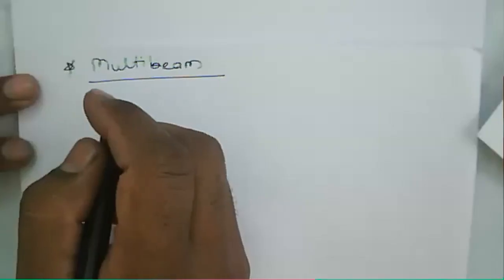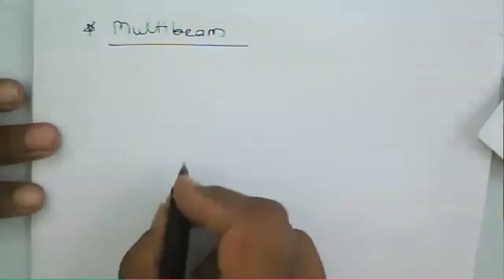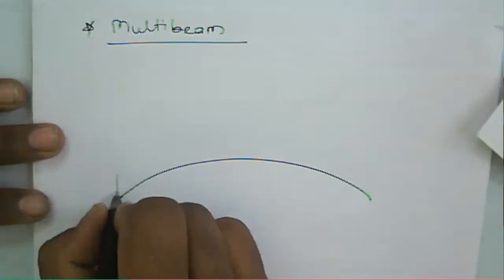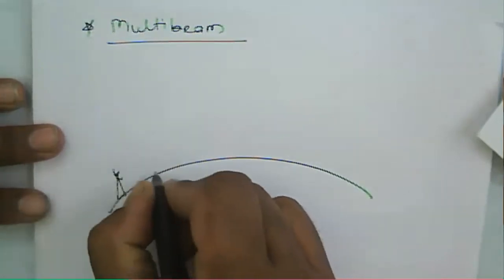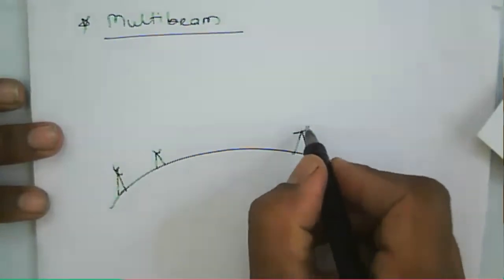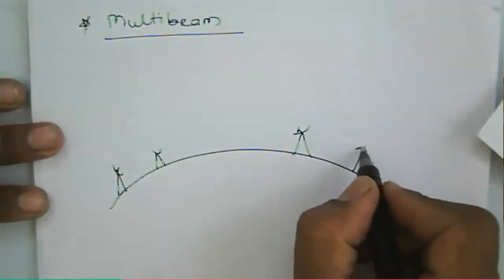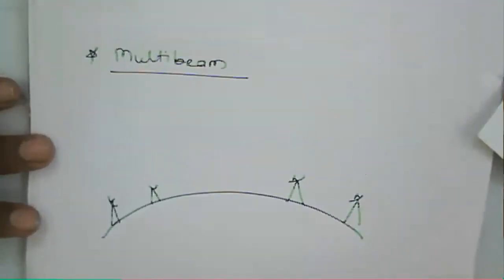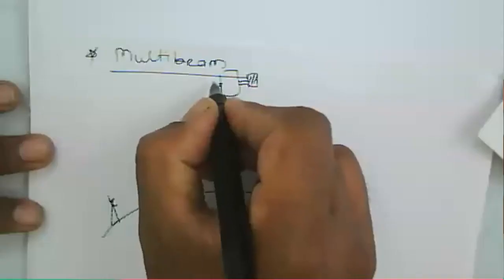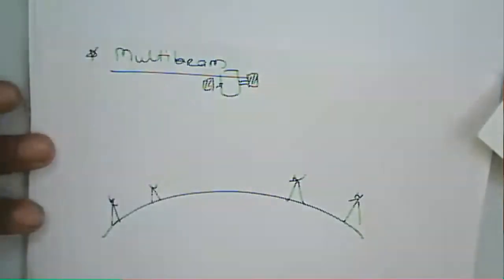But what is the necessity of a multi beam antenna? Because on the earth, there are multiple earth stations. For each and every earth station, we have the satellite transmitting the signal.